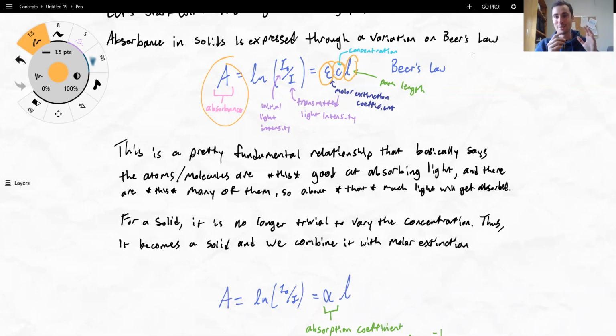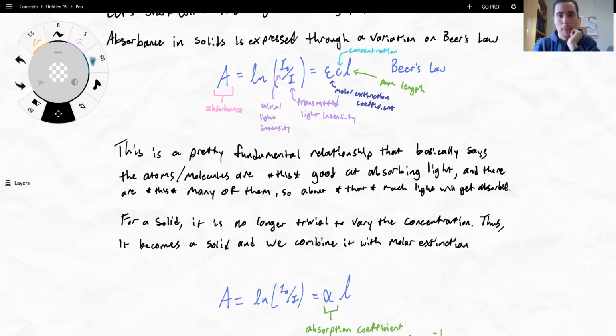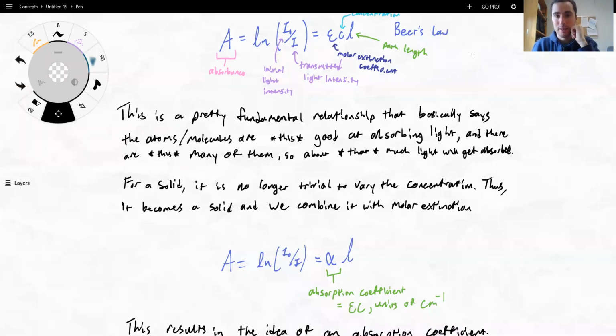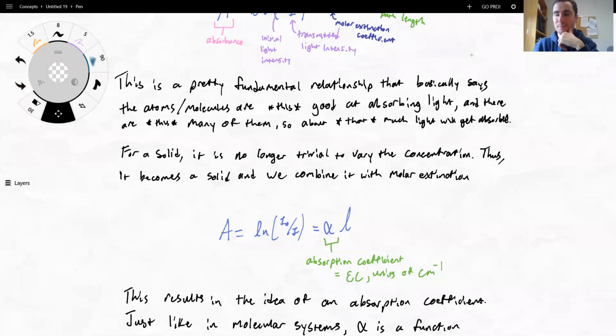So it's saying the molecules are this good at absorbing light, and there are this many of them, so we should expect this much light to be lost. That's all that means. So we can extend that into solids, but for a solid, you can't really vary the concentration anymore. Like you can, but it's tricky. And for most laboratory purposes, let's just say it's impossible to vary the concentration.